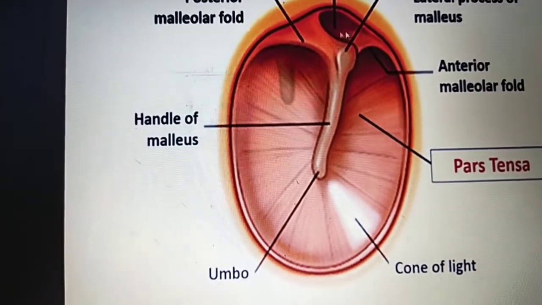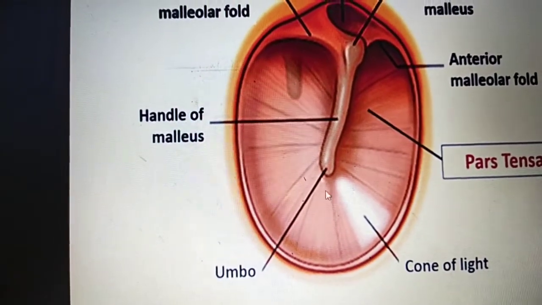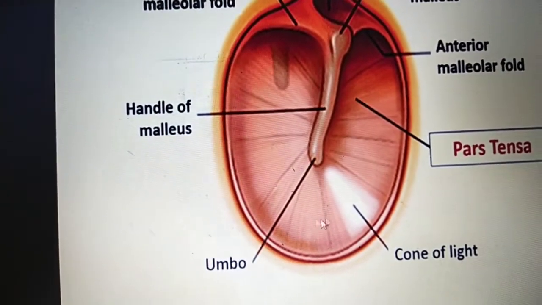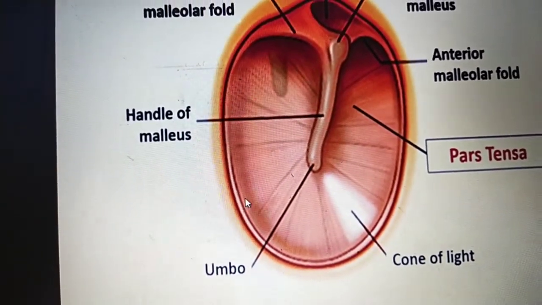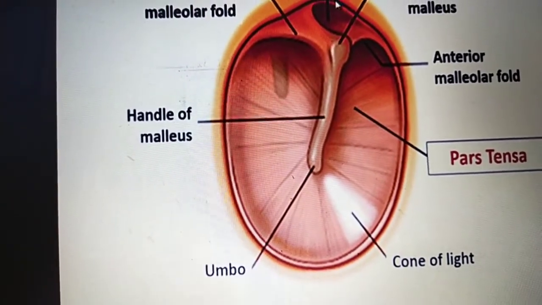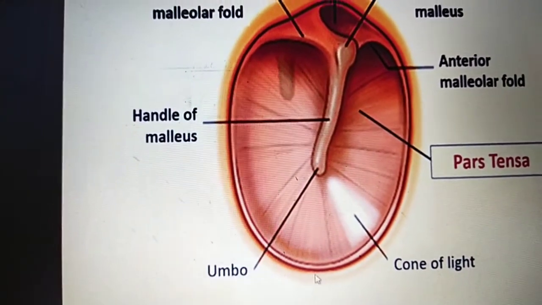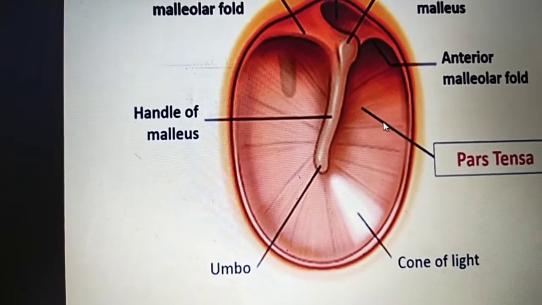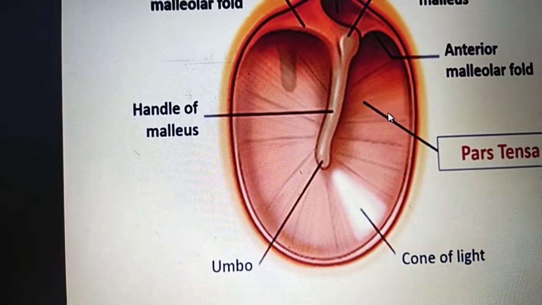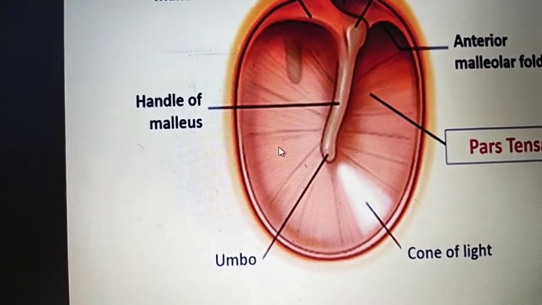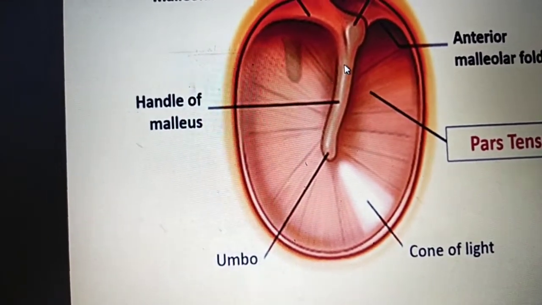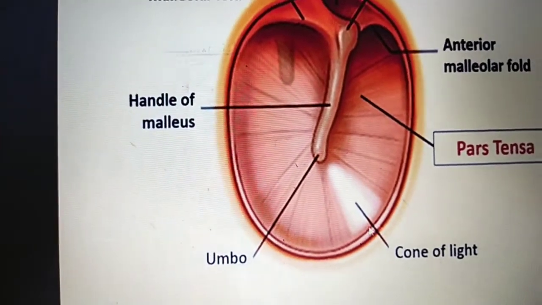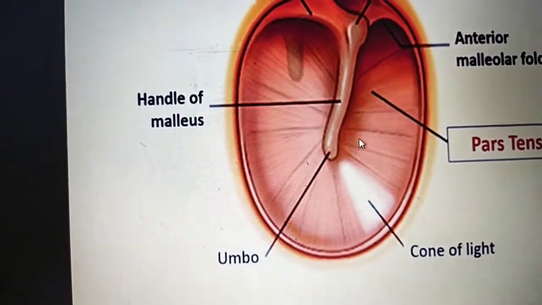Now we can see this fibrous cartilaginous ring-like structure. This is the tympanic annulus. It is a fibrocartilaginous ligament that supports the tympanic membrane in a sulcus at the end of the outer ear canal.